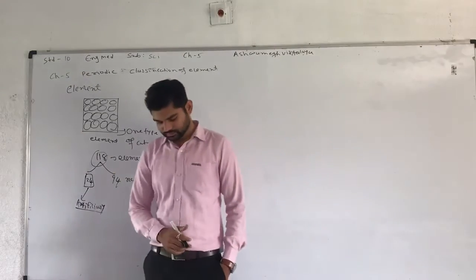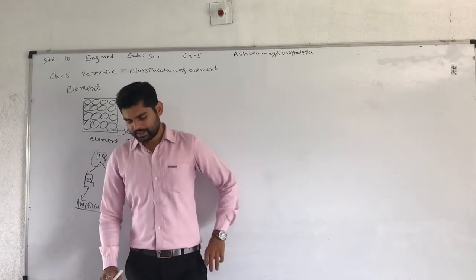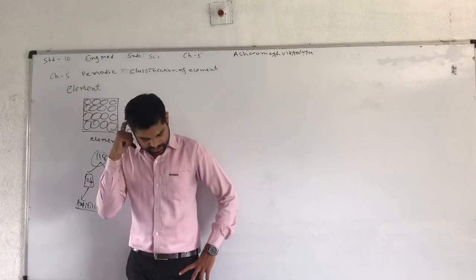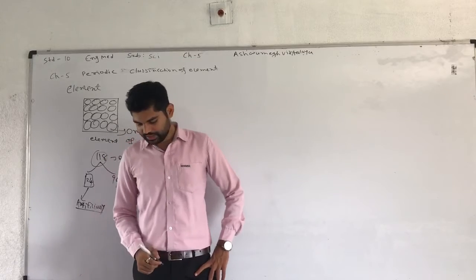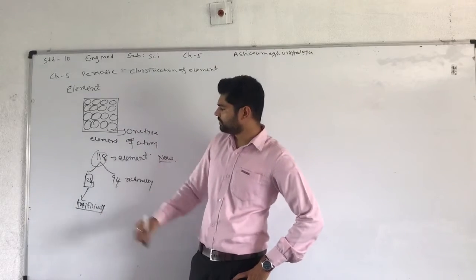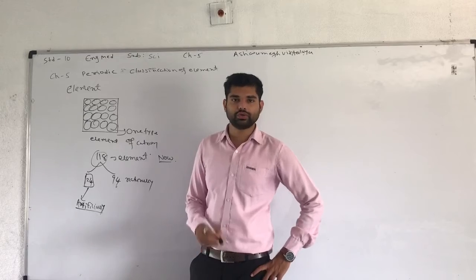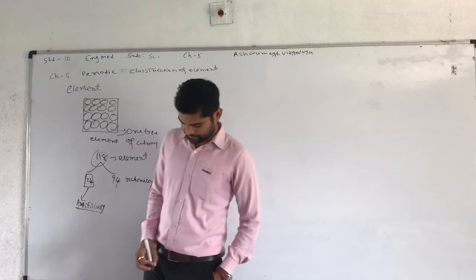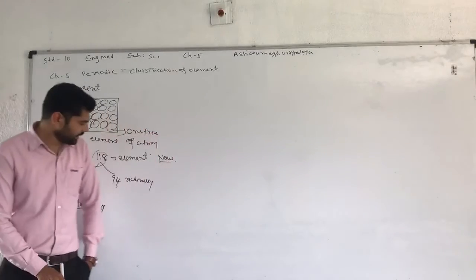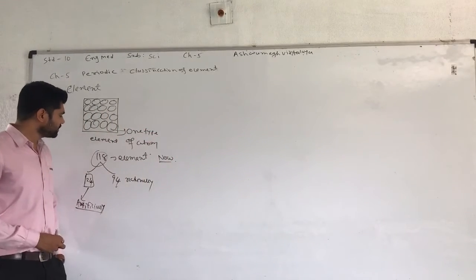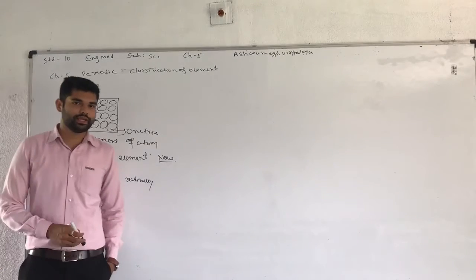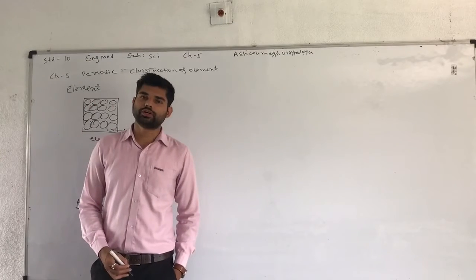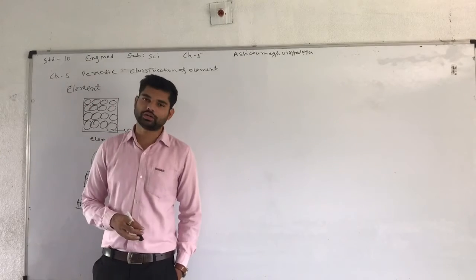In the initial time, not all 118 elements were present for study. For example, when you visit a shop, all corners are separated.